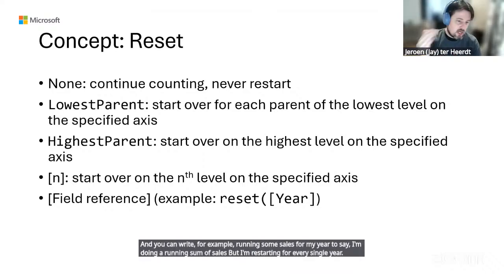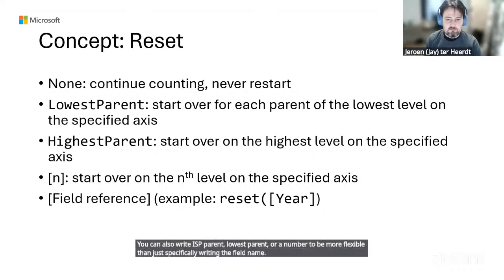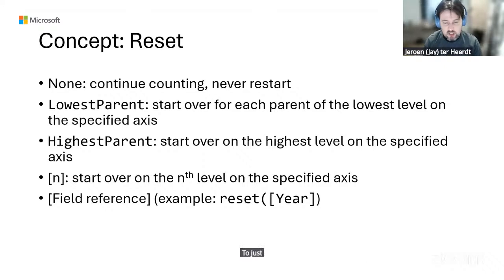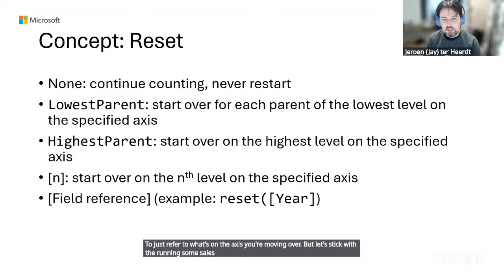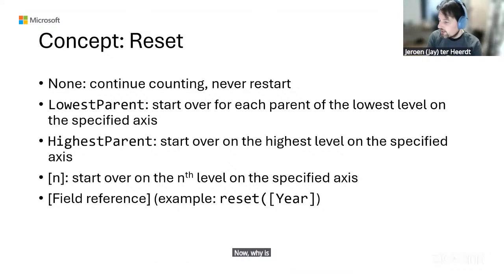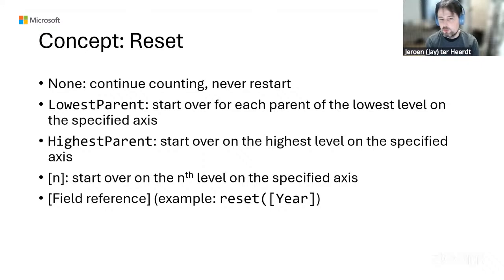You can also write highest parent, lowest parent, or a number to be more flexible than just specifically writing the field name, to just refer to what's on the axis you're moving over. But let's stick with the running sum sales, comma, year example. Now, why is this interesting? Well, if you have multiple years and you're doing a running sum, if you just wrote running sum of sales, your running sum is going to keep counting for all the years.